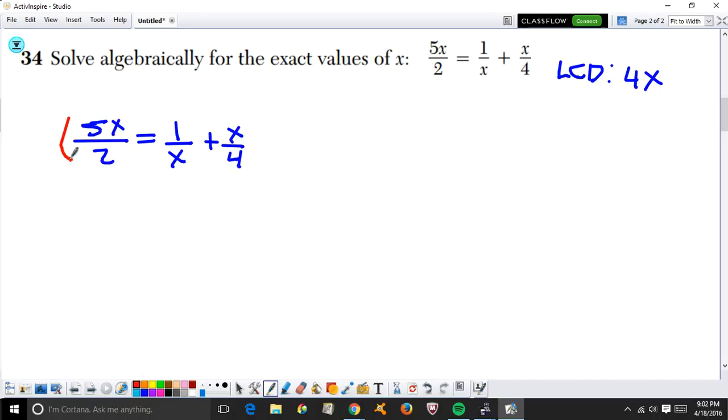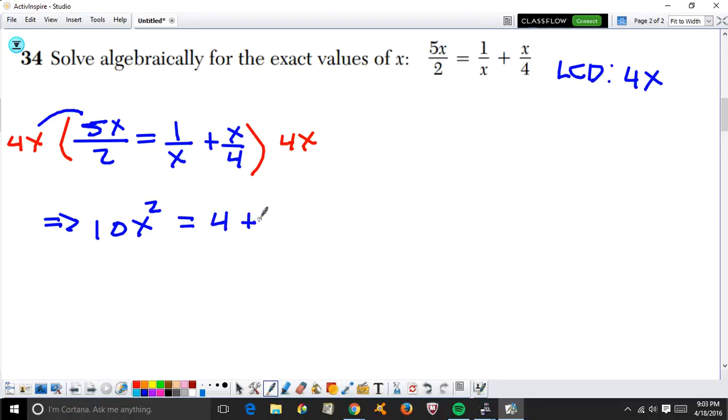We're going to multiply by the LCD, which is 4x, to both sides. So now, if we distribute, we are going to have 10x squared equals 4 plus x squared.